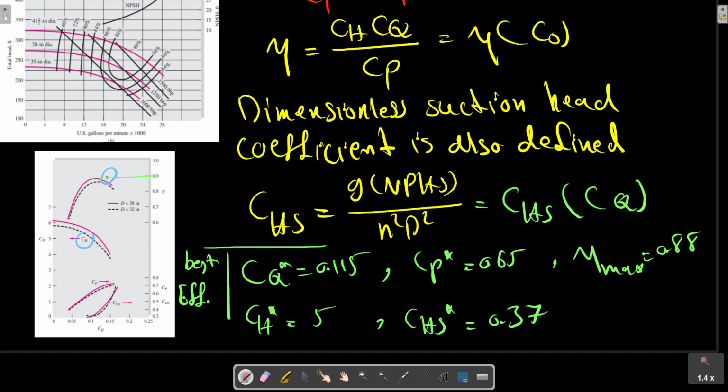In like manner, the shutoff head CH0 is equal to this value, and by extrapolation the shutoff power can be obtained. And for the maximum discharge we have CQ max.